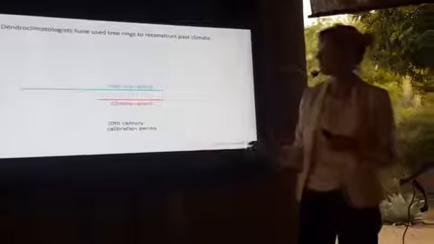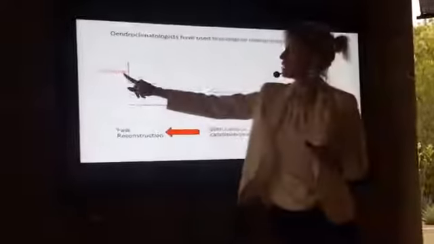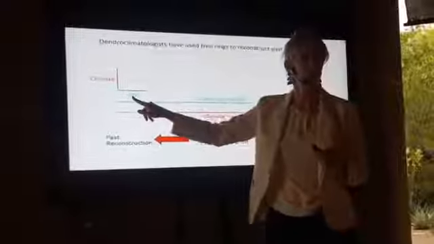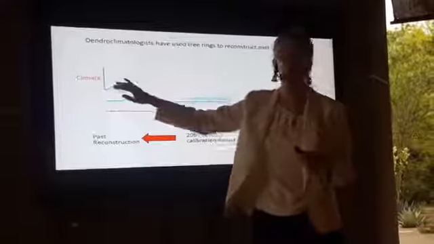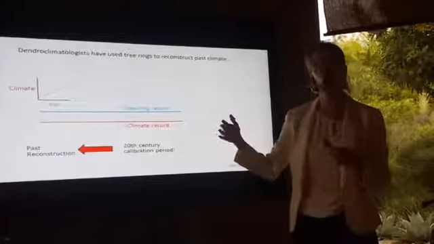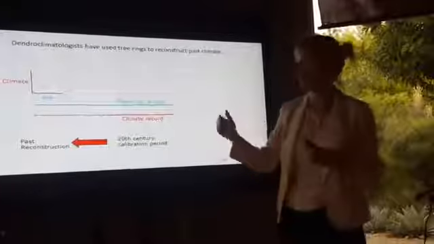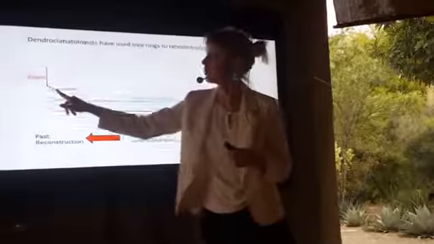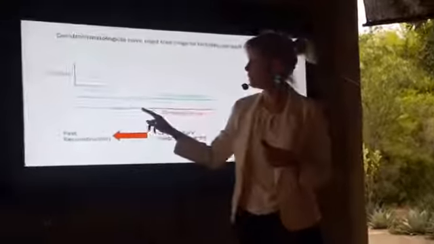Weather stations, rain gauges, temperature gauges. So we use the overlap between the two to build a statistical model of the relationship between climate and tree growth, where we predict variation in climate based on variation in ring widths. So we have just a really simple linear model here, a correlation or a linear regression model that predicts climate as a function of ring width variation. And that allows us to then reconstruct climate in the past.